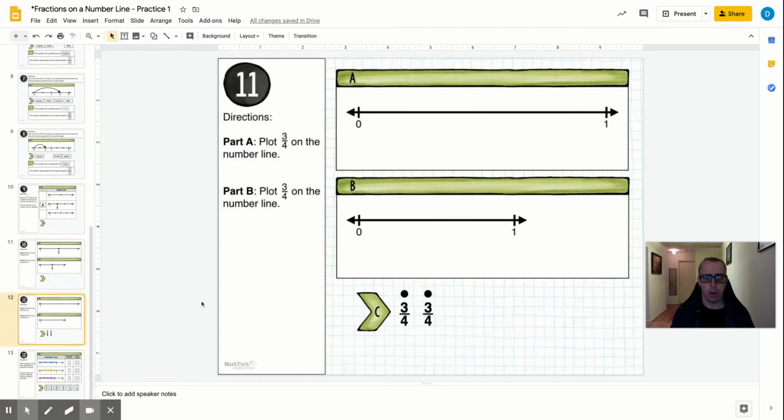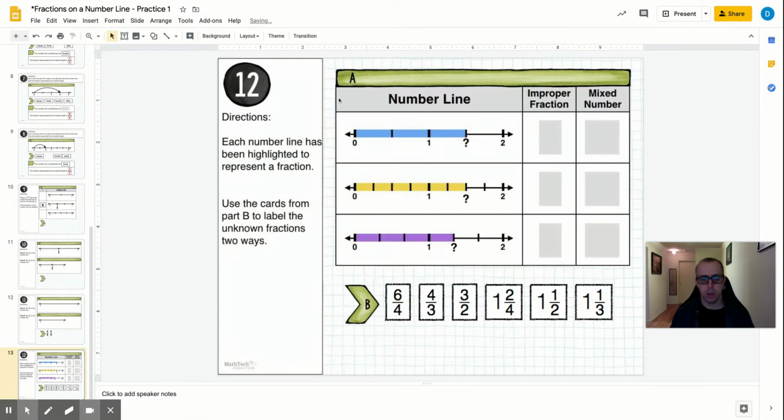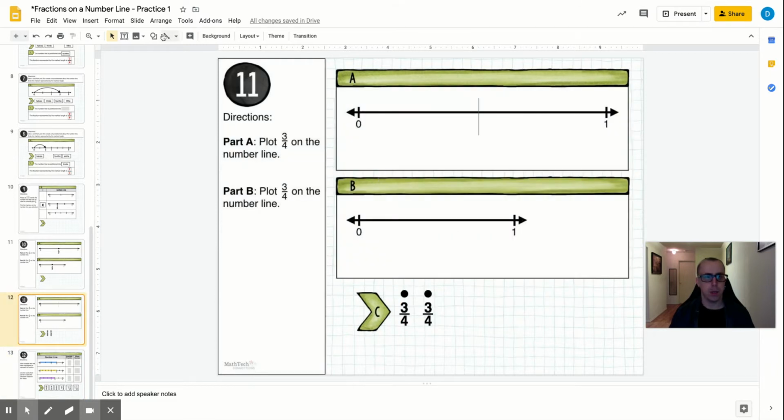Almost there. We have to mark 3/4. Now I'm going to use, it doesn't ask you to do this, but I'm going to use the line tool to show you about where each one is. So if this is 1/2 right here. Okay, and then I'll do that same thing here, about 1/2. Because I know that this is 2/4.